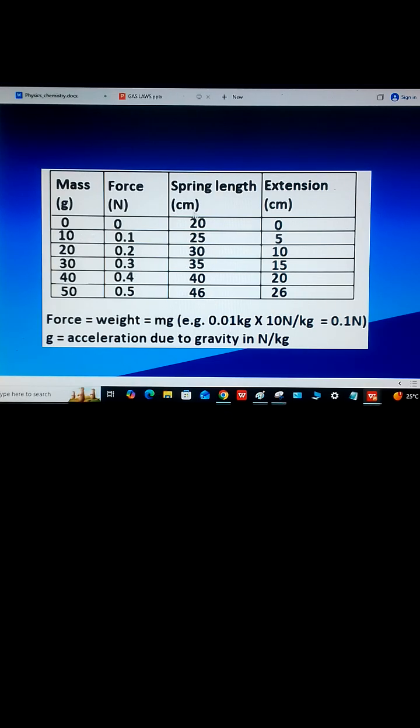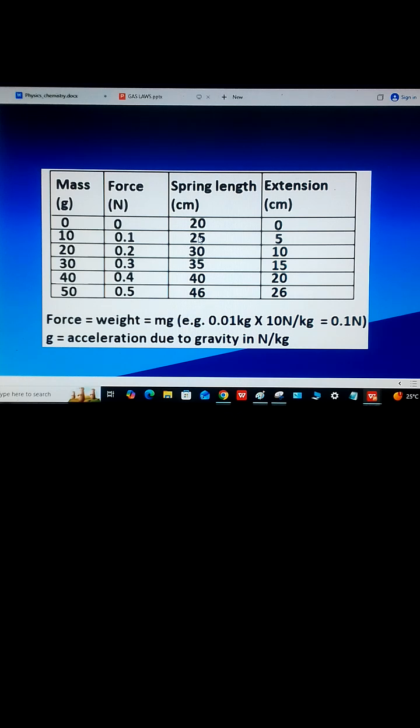Then we record the spring length in centimeters. Initially it was 20 centimeters. Then it stretches to 25 centimeters, 30 centimeters, like that. Then in this last column, we calculate the extension. Here it is 0, because there's no extension here, there's no force applied.